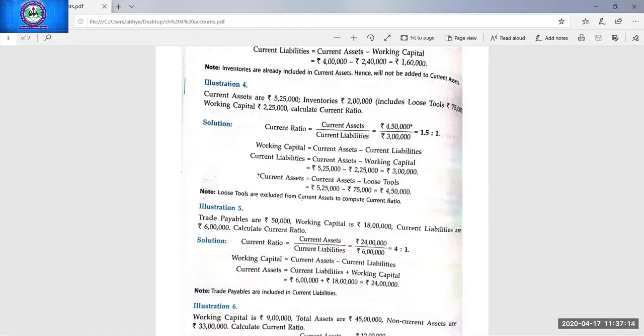Yes, Anmol, very fast, very good. Working capital 9 lakh. Yes, Siddharth. Anmol, Siddharth, Harshdeep, your answer is incorrect. Please check your answer.